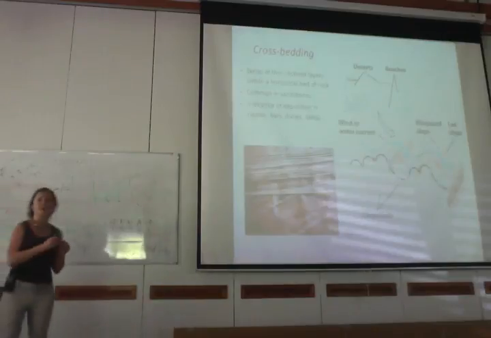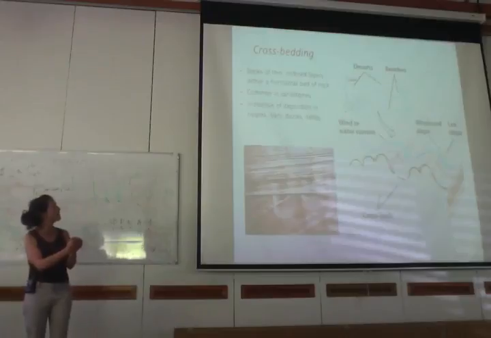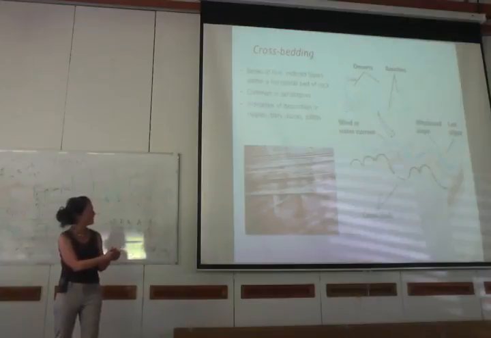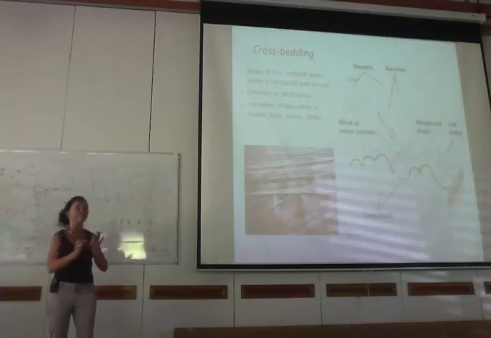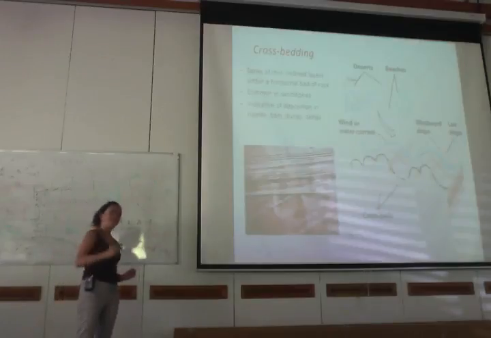Cross-bedding can be hard to get your head around. It produces some really beautiful scenery. Essentially, within a bed, you have smaller inclined layers. It's formed where you have ripples, or dunes in a riverbed, or on a beach, or in a desert.